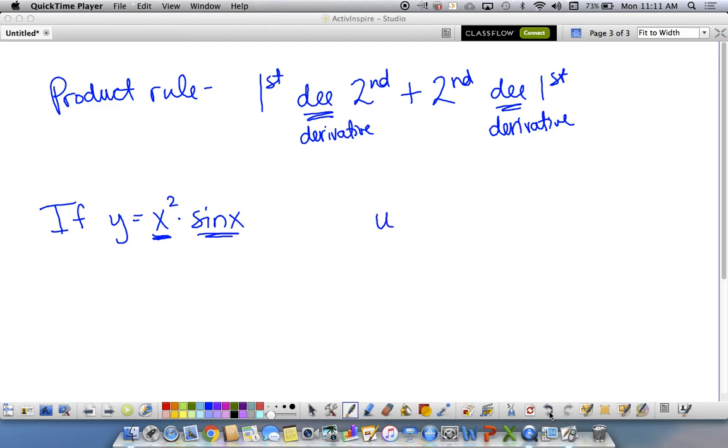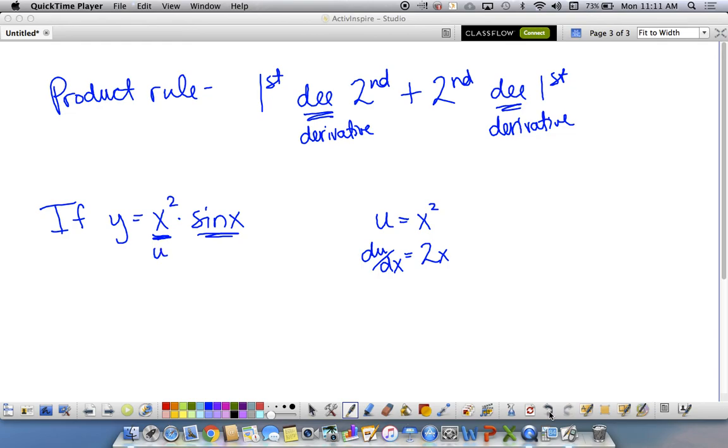In calculus, we will use u's and v's. U is always my first, so if u equals x squared, then what is the derivative du dx? What is the derivative of x squared? Yeah, it's 2x.